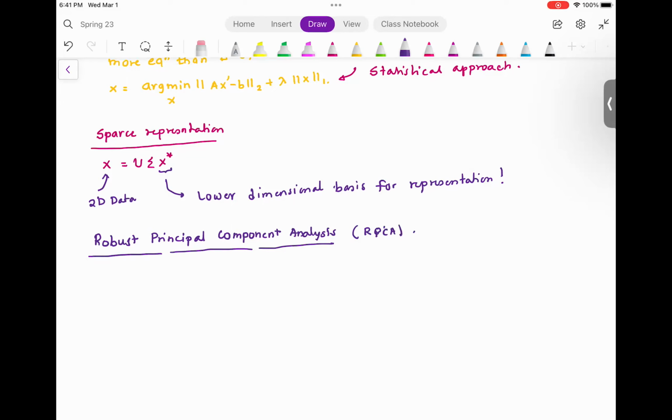So here is the basic idea. You initially have this data matrix. This is a two-dimensional data matrix. So this data matrix X is kind of separated or partitioned into L plus S, where L stands for the background and S is the foreground.